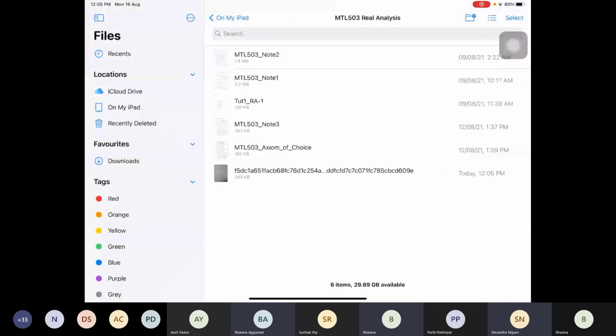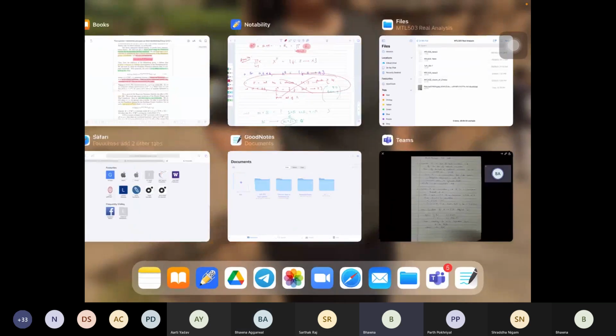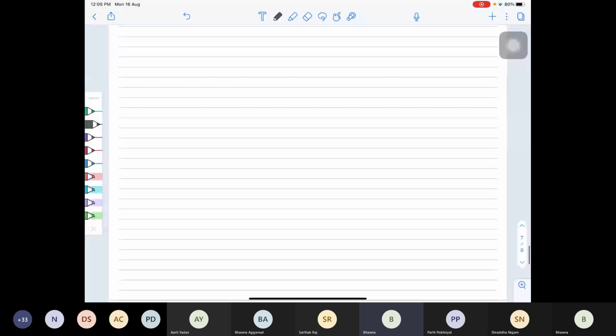Okay, so actually, what Shraddha was saying is she has tried to approach the problem this way: R equals Q union Q complement. Suppose Q complement is countable.